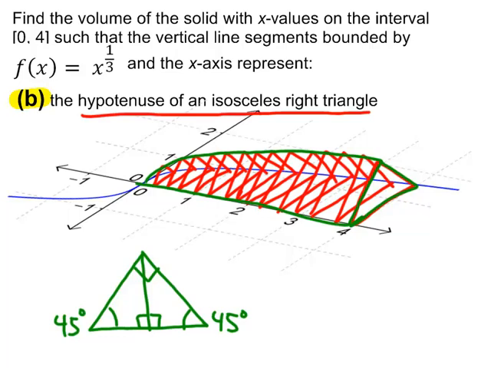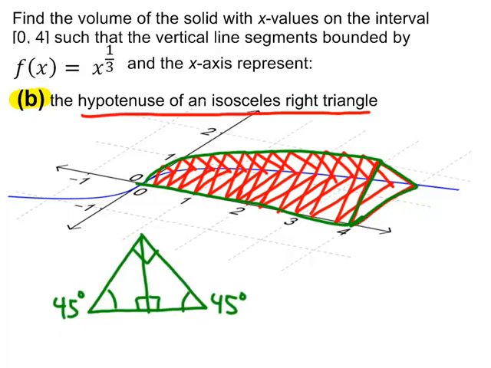And let's recall that in our perspective drawing, this hypotenuse was represented by this f of x right here. So if this total length here is f of x, then this length, and also this length, are half f of x.